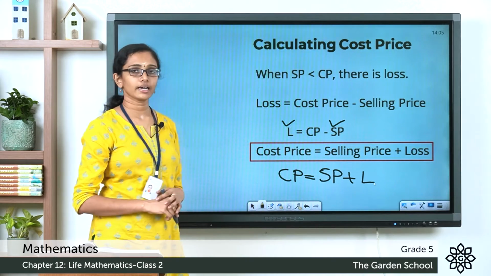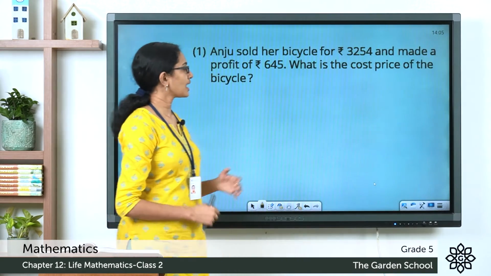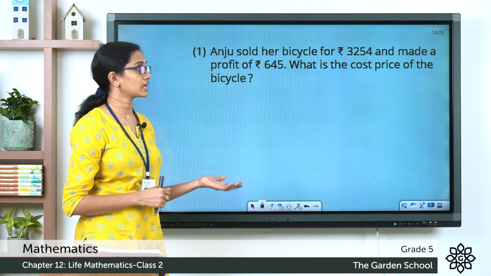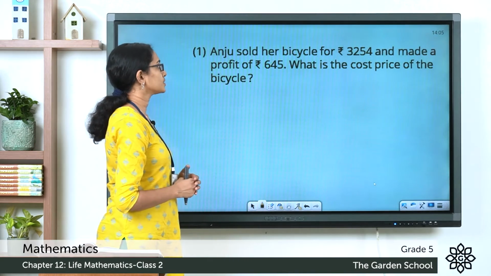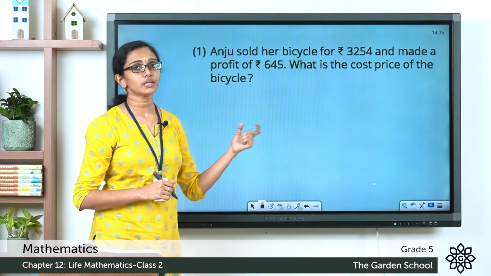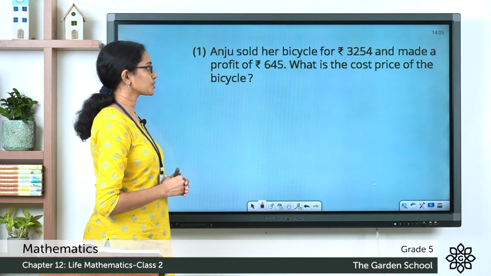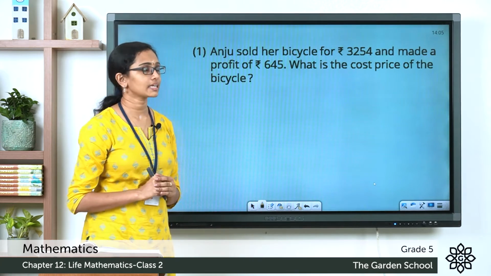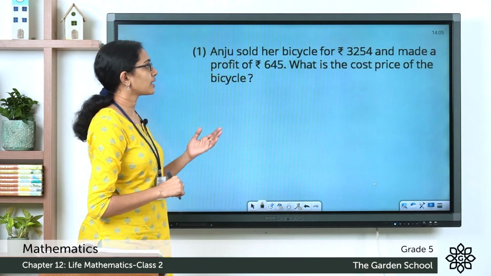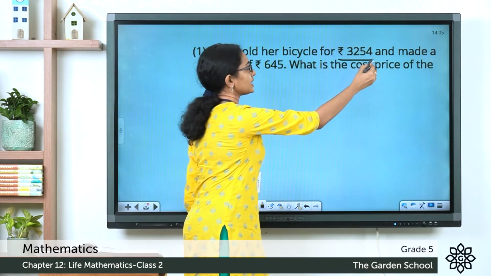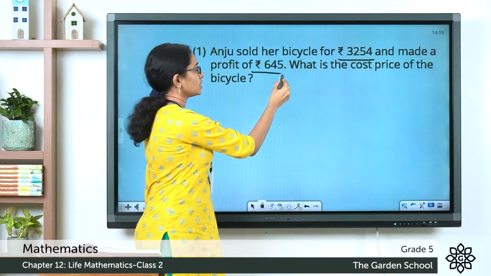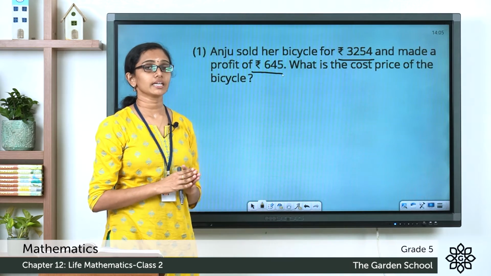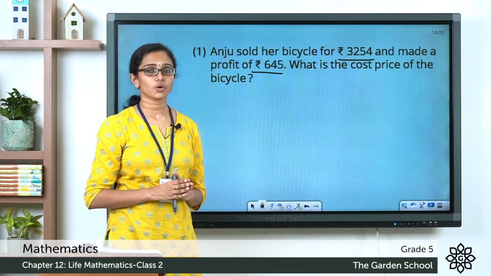So let's make it more clear with some examples. Here we have a question. Anju sold her bicycle for rupees 3,254 and made a profit of rupees 645. What is the cost price of the bicycle? How do we find it? Let's give it a thinking. Anju sold her bicycle for this much and she made a profit. So if Anju has to make a profit, she should sell the bicycle at a price higher than her cost price, right?